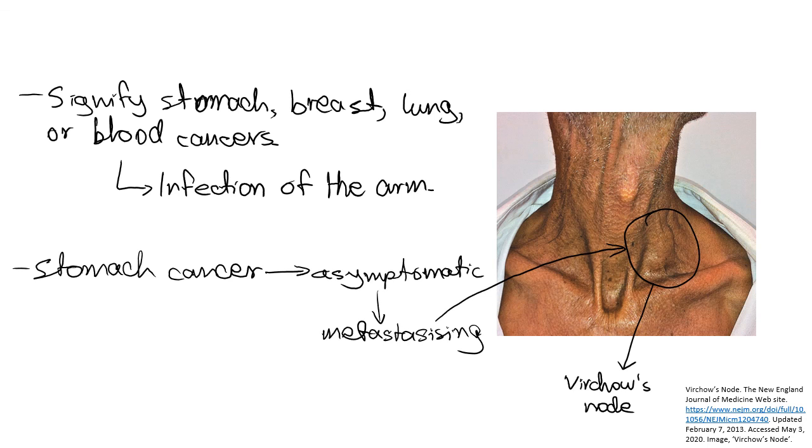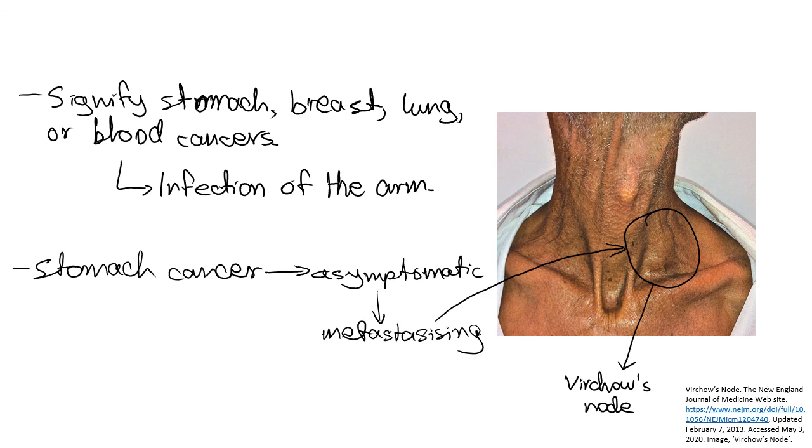So in review, the Virchow's node is an important node because if it is enlarged, it can show the presence of stomach, breast, lung, or blood cancers, as well as the presence of infections of the arm.